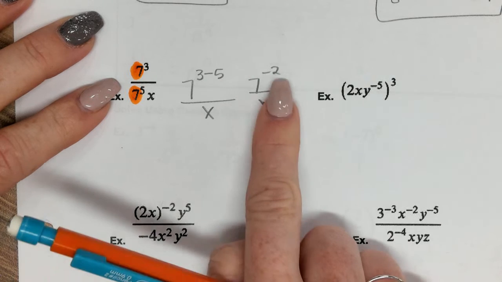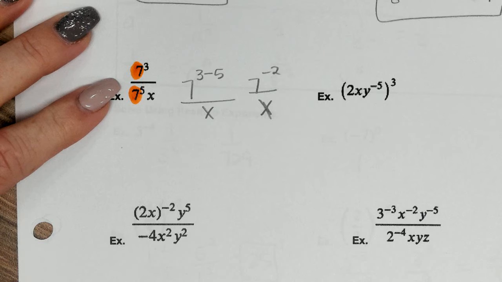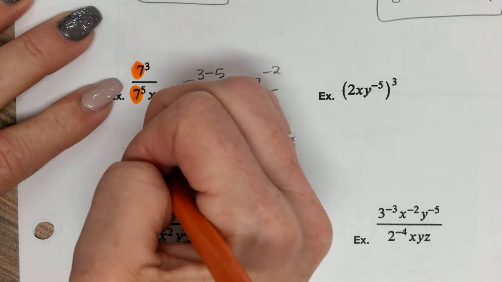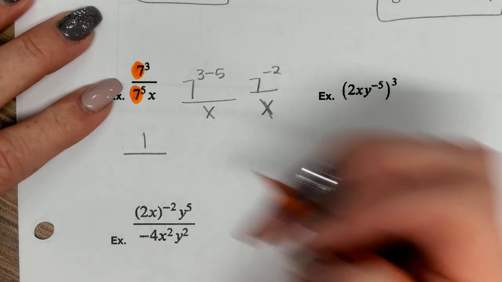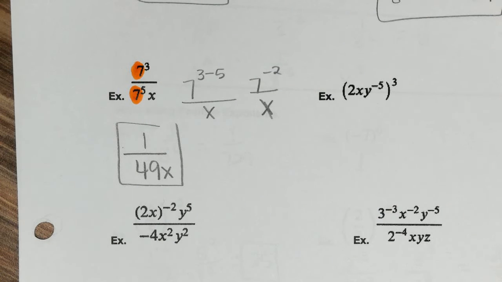So, can I leave that on top or does it have to come to the bottom? So what will I put on top? A 1. So 1 over, what is 7 squared? 49. So 49x. Why would I expand that? Because it's such a small number, there's no need to leave it as an exponent.